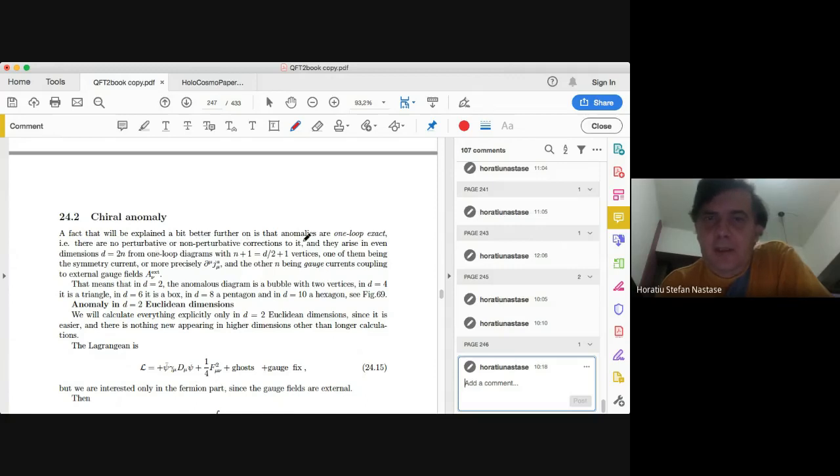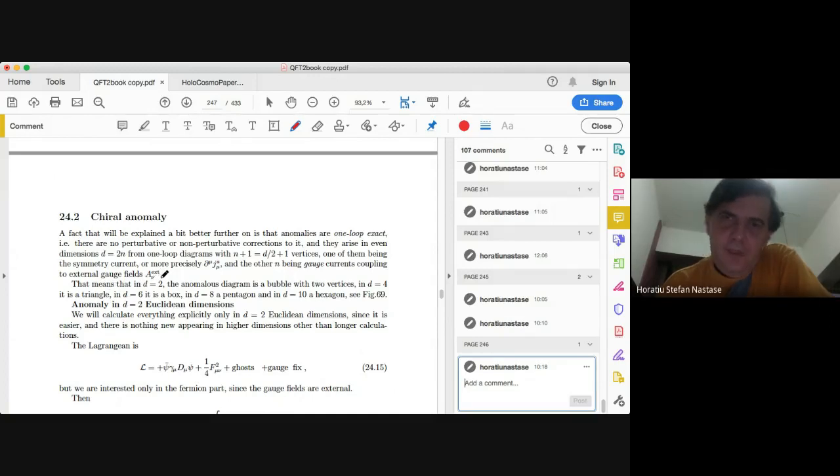And they, moreover, arise in even dimensions, D equal to n, from the one loop diagrams with n plus 1 vertices, where one corresponds to the symmetry current, or more precisely d mu j mu a, and the other n correspond to the gauge currents in the one loop, coupling to external fields A external.